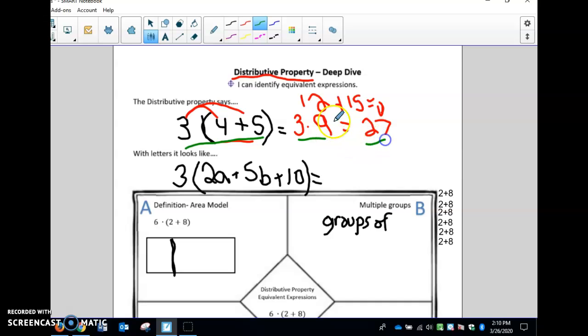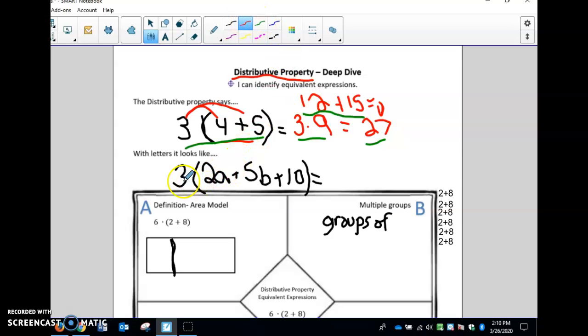So right here, I've actually got 4 different expressions, and I could probably come up with a lot more. I could have written 12 as 3 times 4 plus 3 times 5, and that would be another equivalent expression. So I've actually got 1, 2, 3, 4, and I could give that 5th one too. All of those are equivalent, and so really this whole module is about playing around with the distributive property as well as other properties of operations to create equivalent expressions.